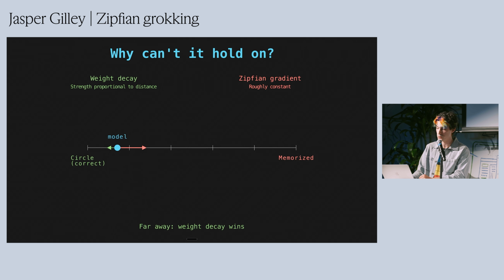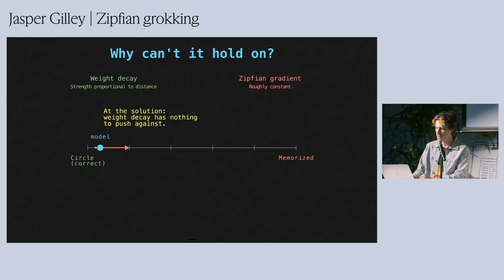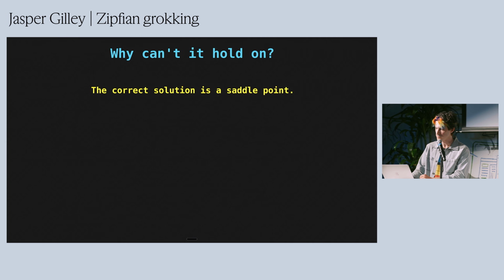Far away, weight decay is much bigger than the Zipfian gradient, but as we get closer and closer to the correct representations, the weight decay starts going down in comparative magnitude because the weights become smaller, because they've learned the small-weights correct solution. At this point, the biggest force operating on the model is this Zipfian gradient that points towards memorization. And we get this collapse. But then the weights are big again, so weight decay can enforce its will again, and so on and so forth. We have this cyclical behavior. It's called a saddle point in machine learning: stable when you're far away, unstable when you get there.